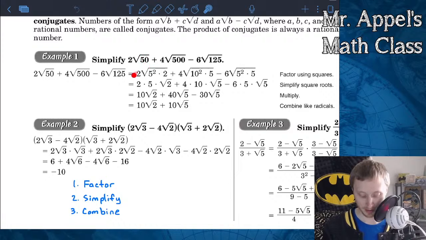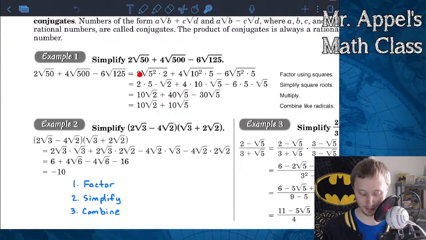Okay? Factor out the 50, find pairs, pull them out, and that's part of simplifying, right? Once you have all your factors of everything, once you know that 50 is in fact 5 squared times 2, and 500 is 10 squared times 5, right? Now I can simplify by taking the square root of 5 squared. Pull that 5 out in front.